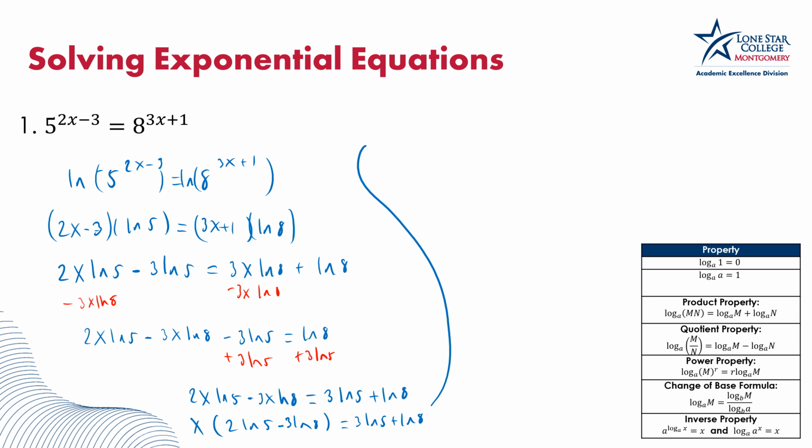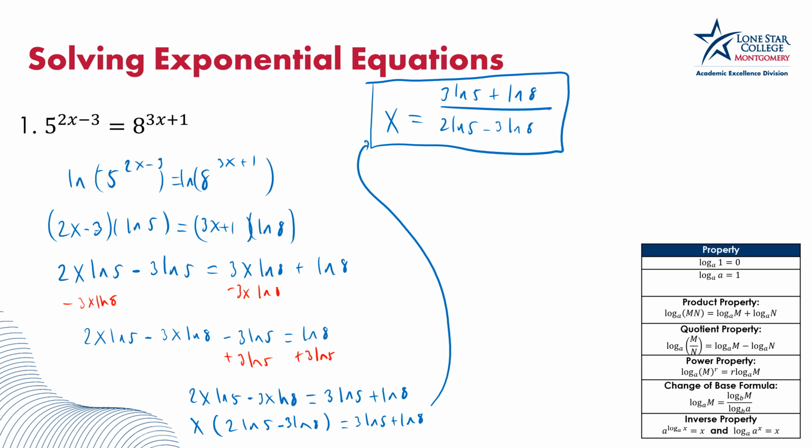Now to get x by itself, we divide both sides by the parentheses. So x equals 3 ln of 5 plus ln of 8 divided by 2 ln of 5 minus 3 ln of 8. So that would be our exact solution.